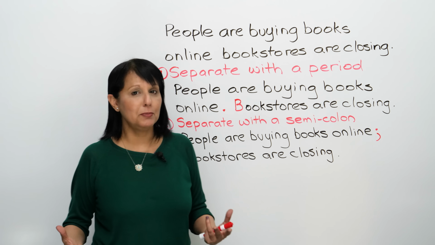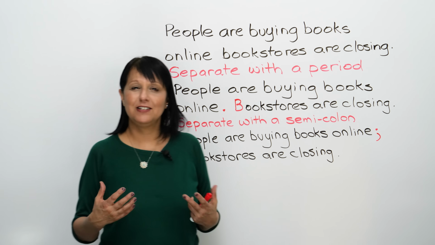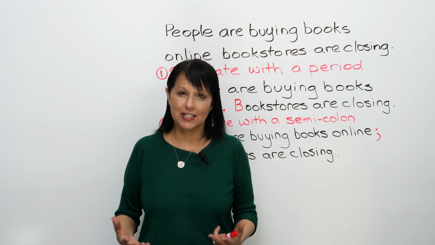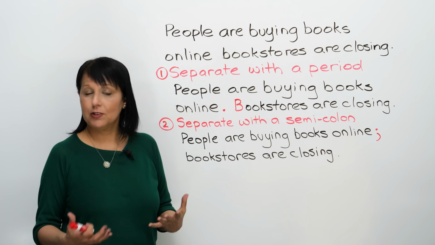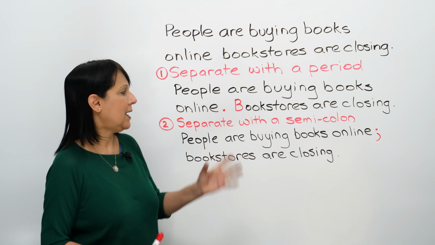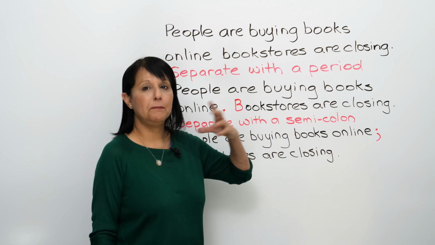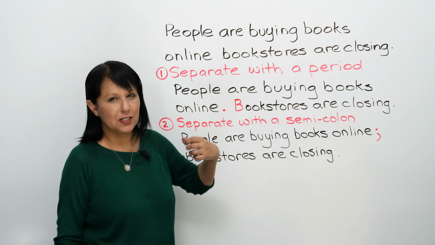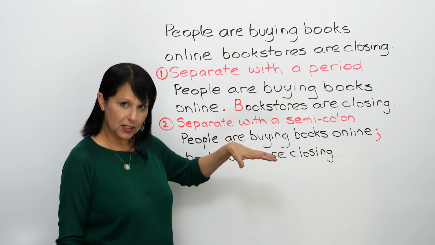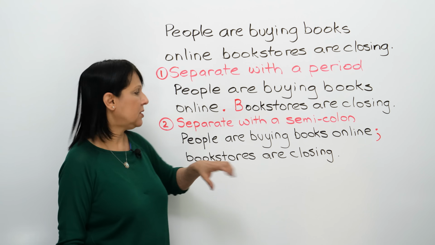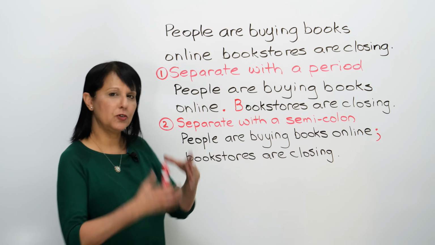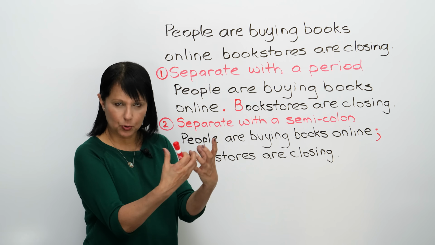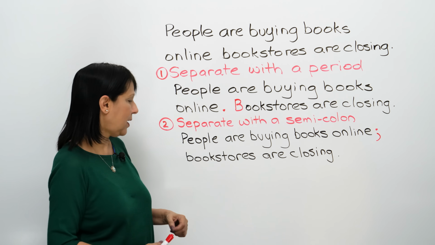It's a very popular punctuation mark in universities and academic writing and so on. Okay, so learn it. It's not hard to use. And what does a semicolon mean, or why do we use it? We use it to separate, yes, but we use it when two sentences or two ideas are quite close in meaning. Like here, right?